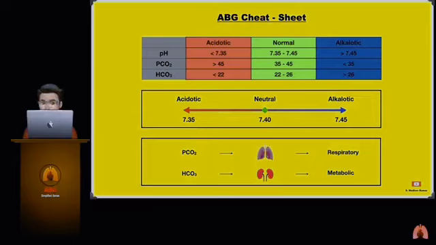HCO3, that is bicarbonate, represents metabolic, that is the kidneys. The neutral point of pH is 7.40. If it is moving towards acidotic, the value will be 7.35 to 7.39. And if the value moves to the alkalotic side, the range is 7.41 to 7.45.